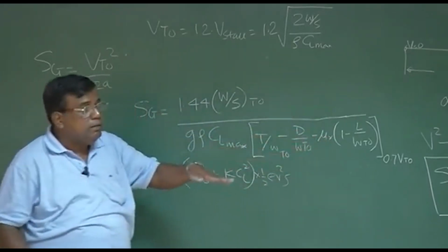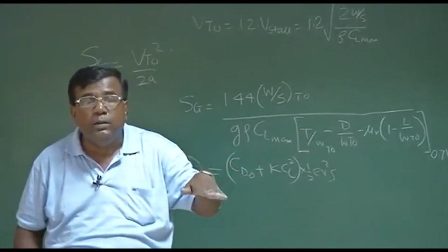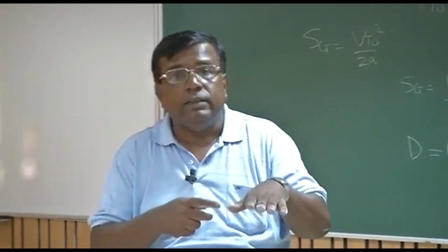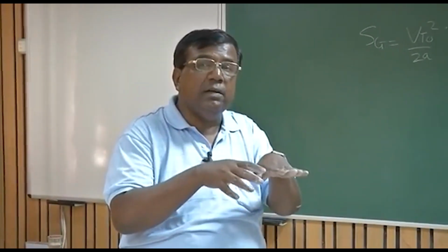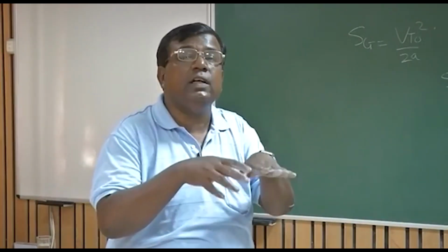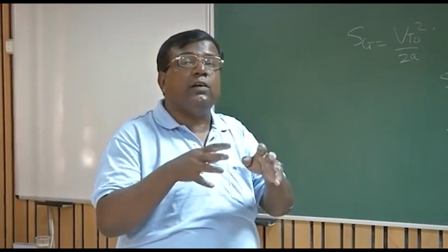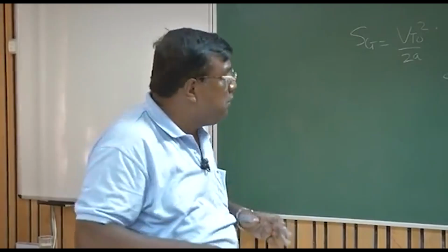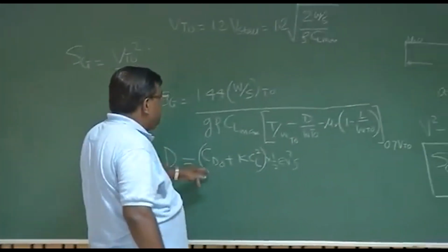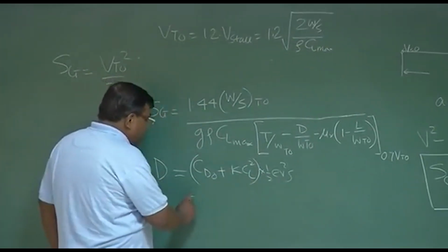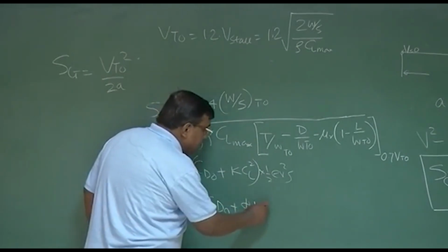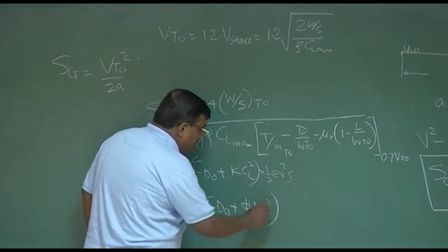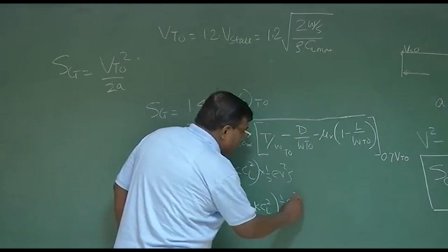But I know because the wing is too close to the ground, the wingtip vortices will interfere with the ground and there will be reflection and the wingtip vortices will lose their strength. So the induced drag component will be less. So I cannot really use CD naught plus K CL square. So what is used is CD naught plus phi K CL square, and this is multiplied by half rho V square S.